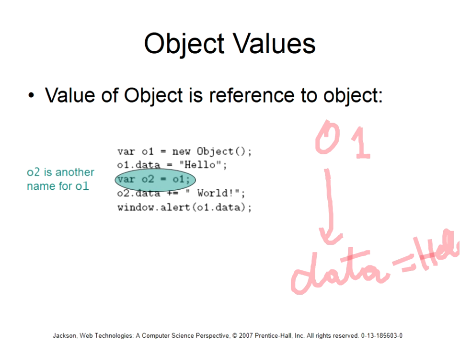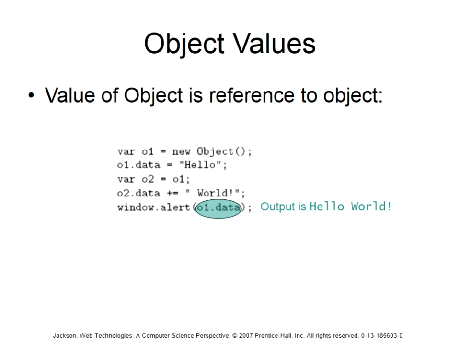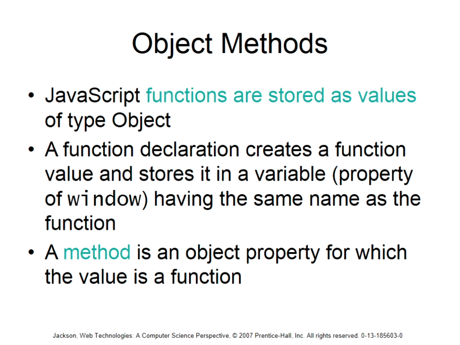After that, when I write a variable o2 = o1, that means o2 has a reference to the same data. After that, if I add word, I will obtain hello world for o1 or o2.